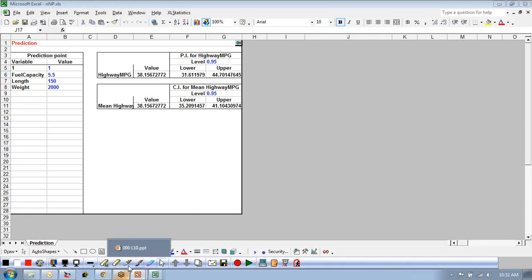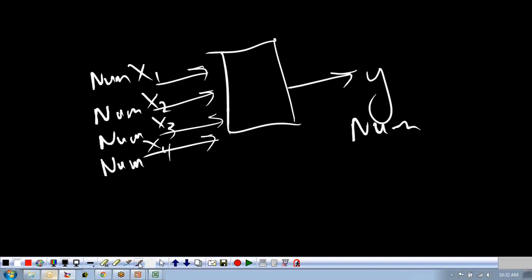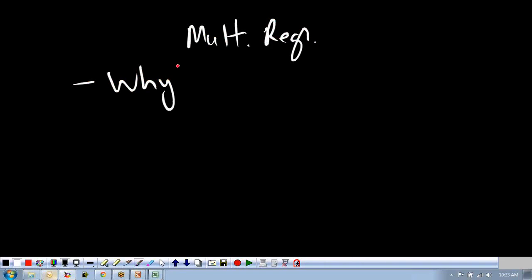All right, so that's it on multiple regression. What we talked about in multiple regression was, first of all, why? Why do we need it? Well, sometimes just one predictor is not enough. We also talked about what it is.